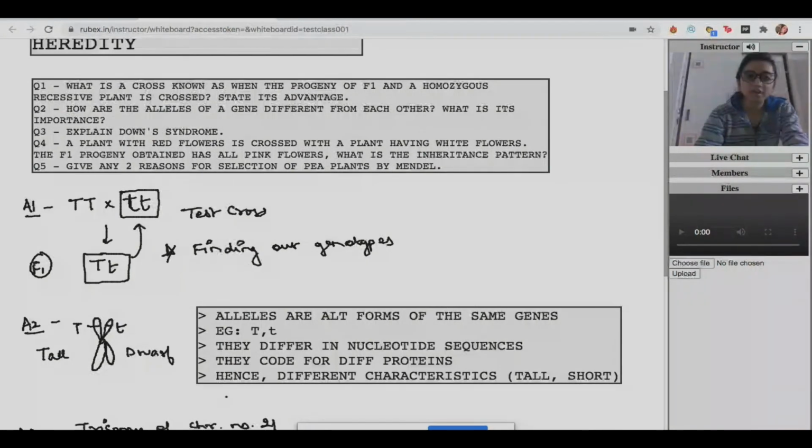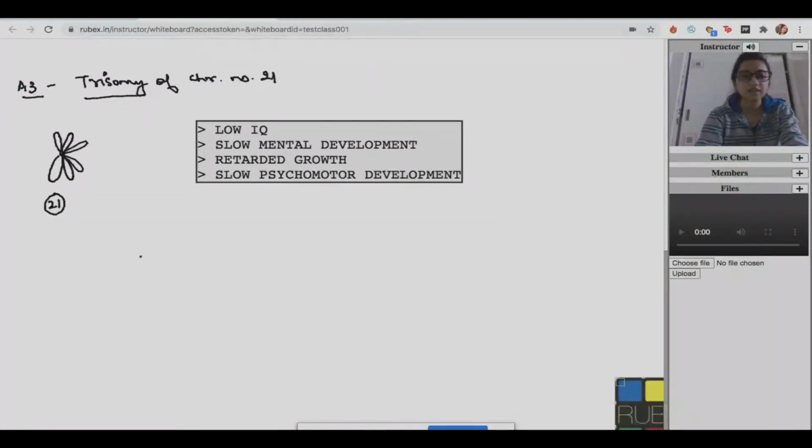For question number 4, a plant with red flowers is crossed with a plant having white flowers. The F1 progeny has all pink flowers. What is the inheritance pattern? This is a very easy question.